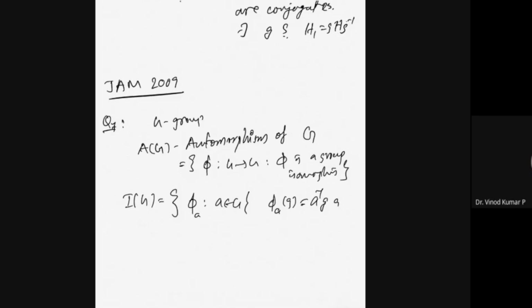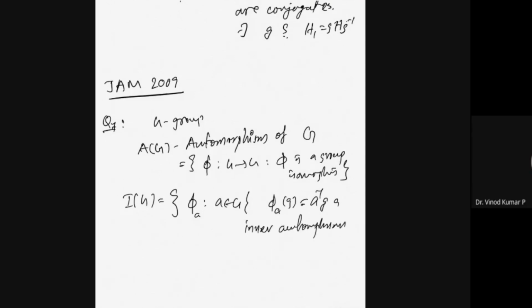And I of G is a special set of automorphisms: phi A for A belonging to G, where phi A of G is A inverse G A. The conjugation automorphism is called an inner automorphism. These are called inner automorphisms.